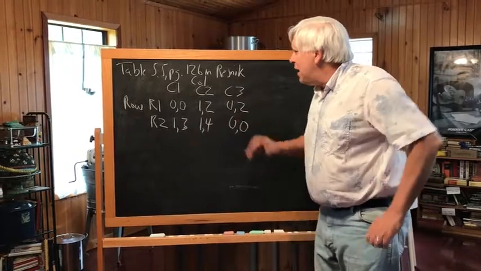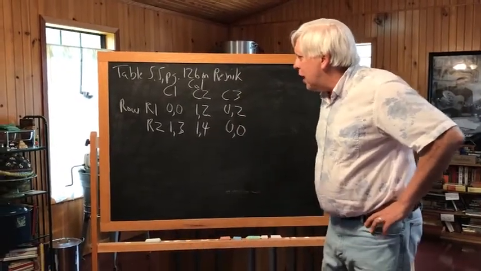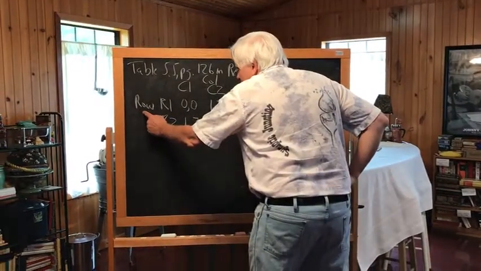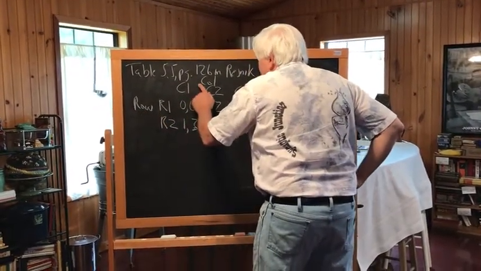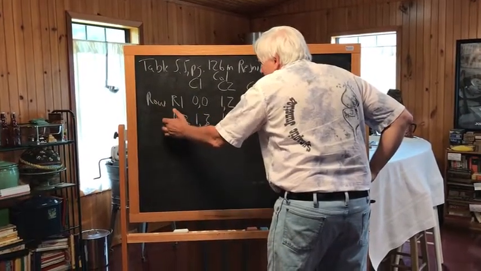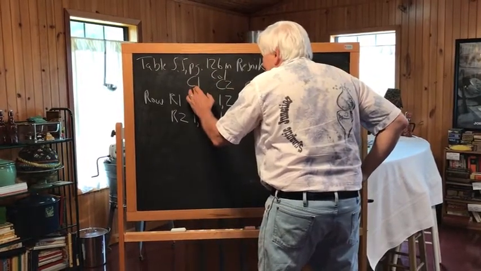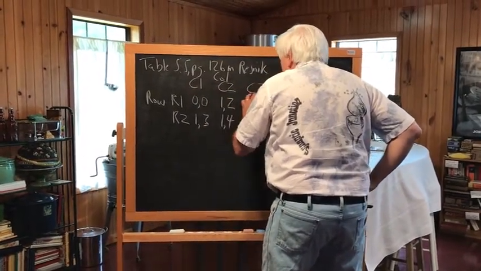And when you lay out a game in table form, particularly in this case, a two-person game, one person is row, one person is column. Row has a choice between strategy R1 and strategy R2. Column has a choice between strategy C1, C2, and C3.